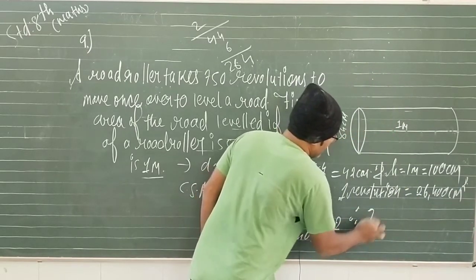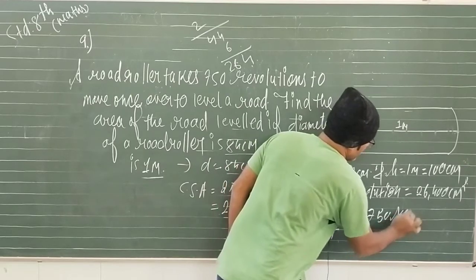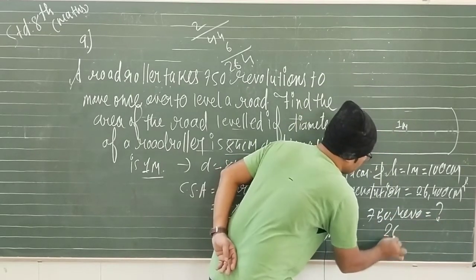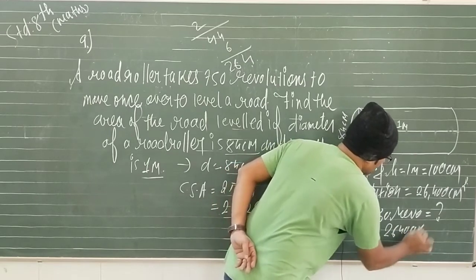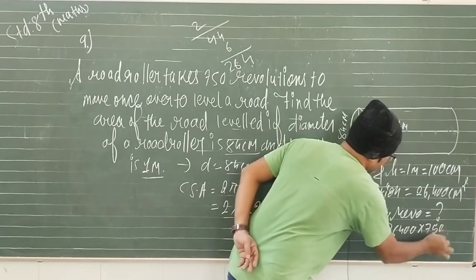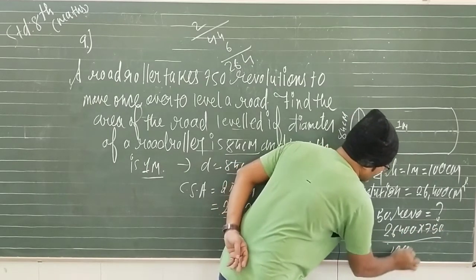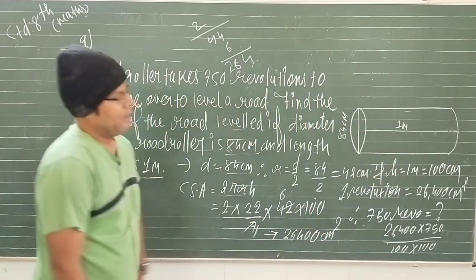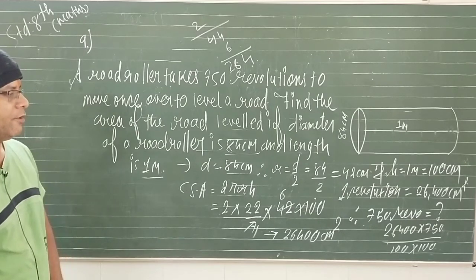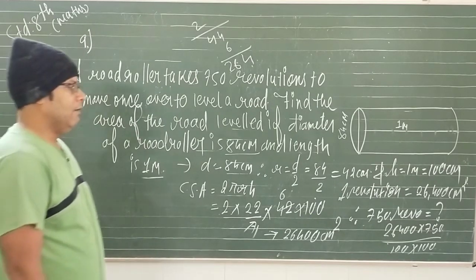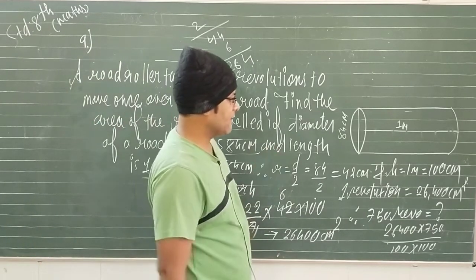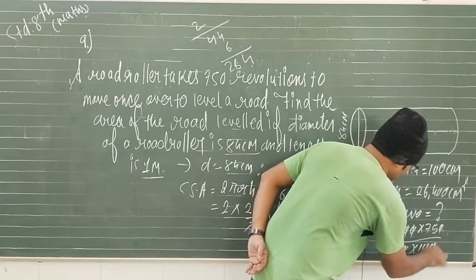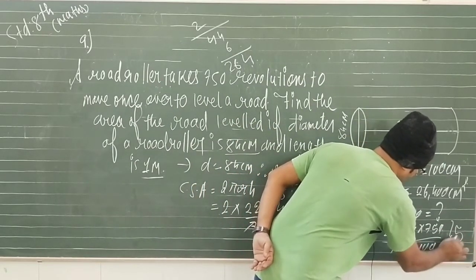So 750 revolutions, how much? So 26,400 into 750. You have to bring your answer into meter square. So divide it by 10,000. You have to use the scale. 1 meter square is equal to 10,000 centimeter square. Now see, 2 zeros gone, 1 zero. Take the table of 5.